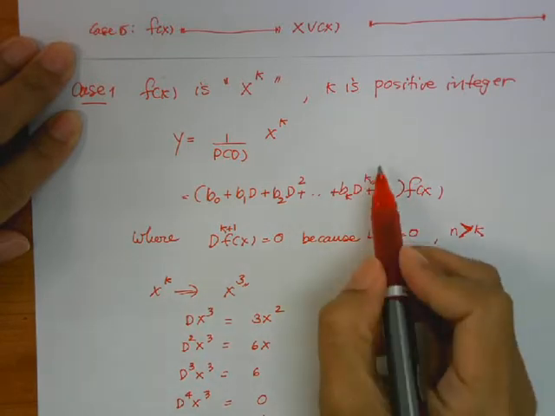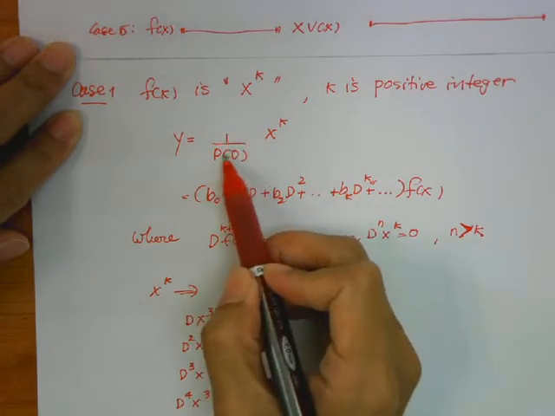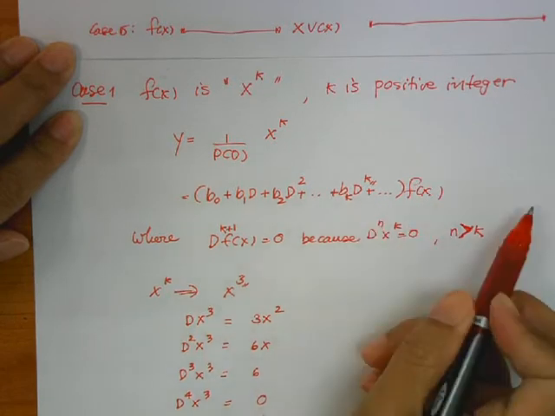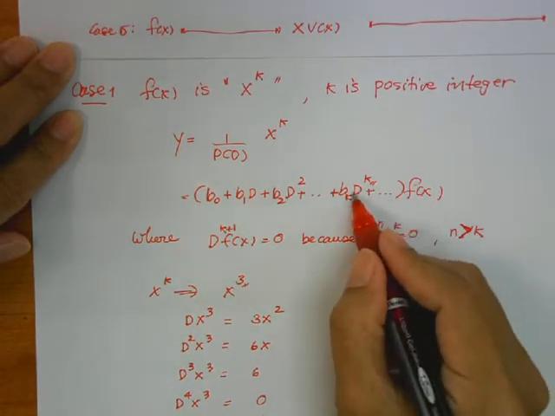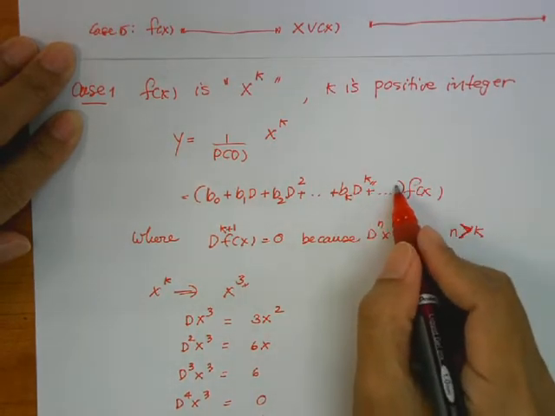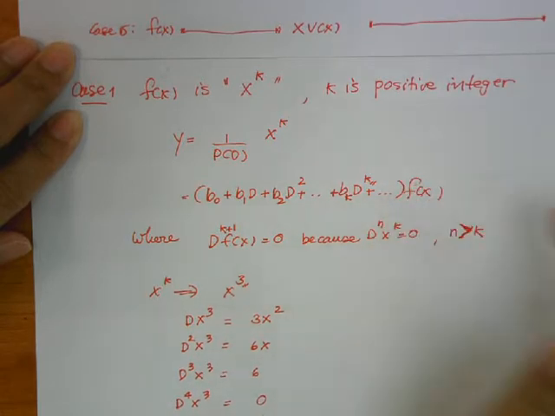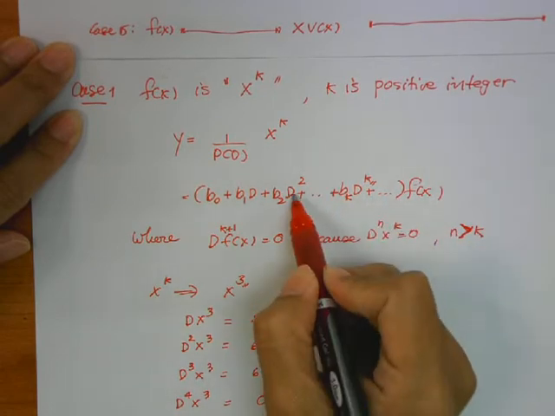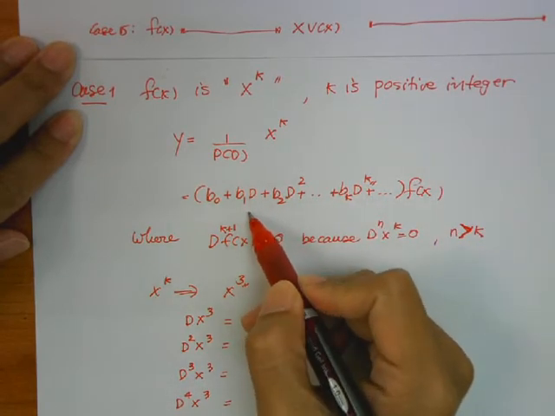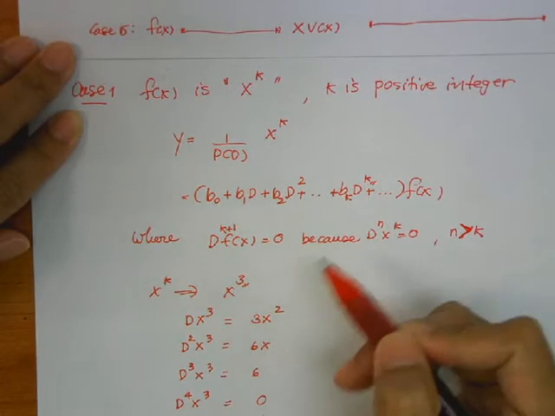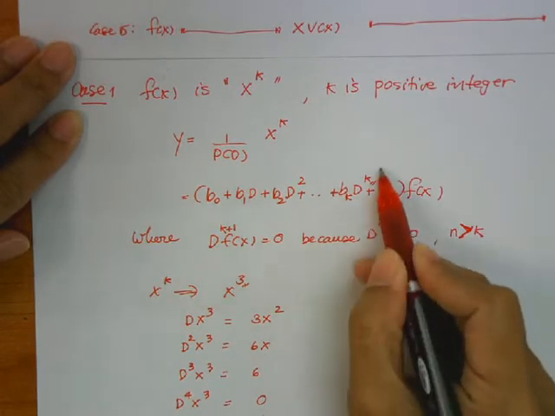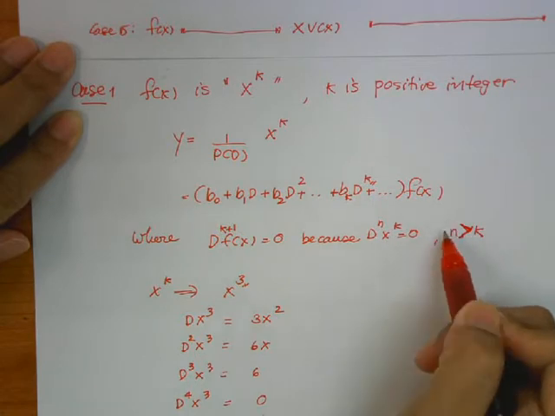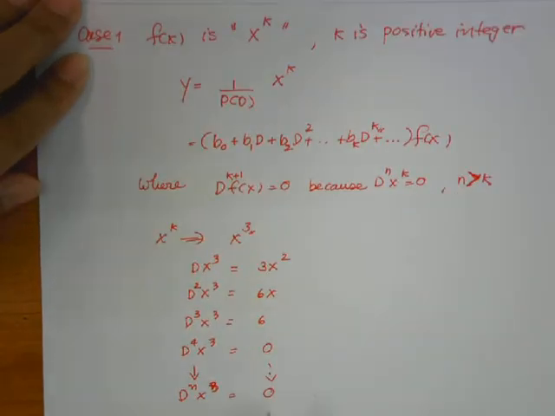Because when you write 1 over P(D) in this form, you would find that it never ends. You will have the differential to the number n, to infinity. But what I'm trying to say is, because of the meaning of the derivative, it makes the rest of the terms, the numbers greater than k, become 0 in this result.